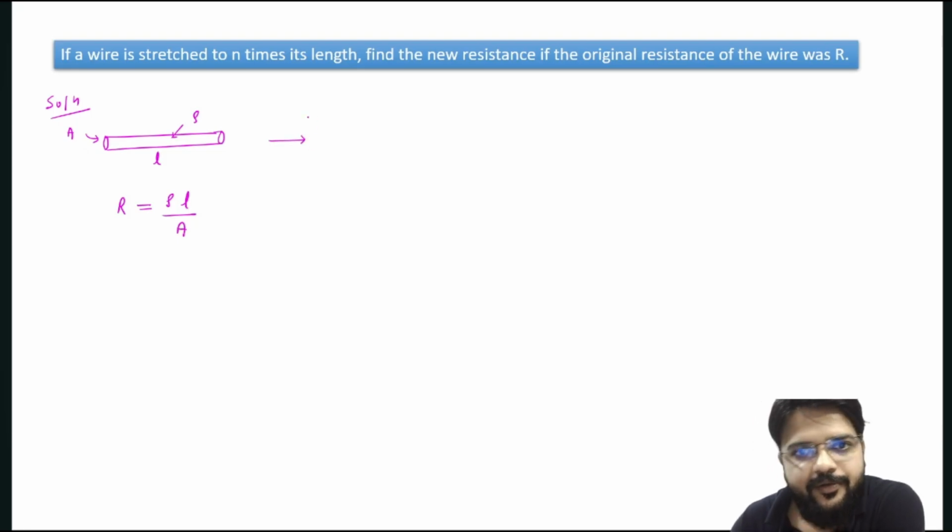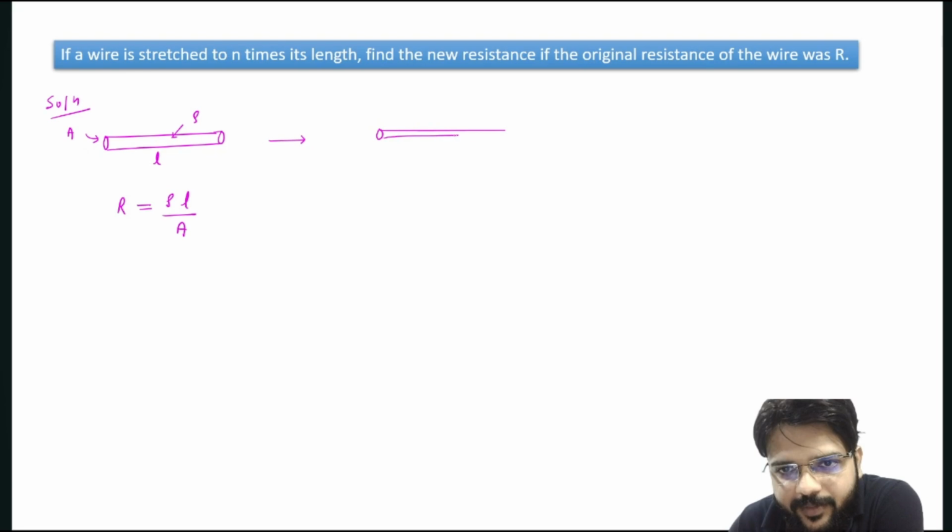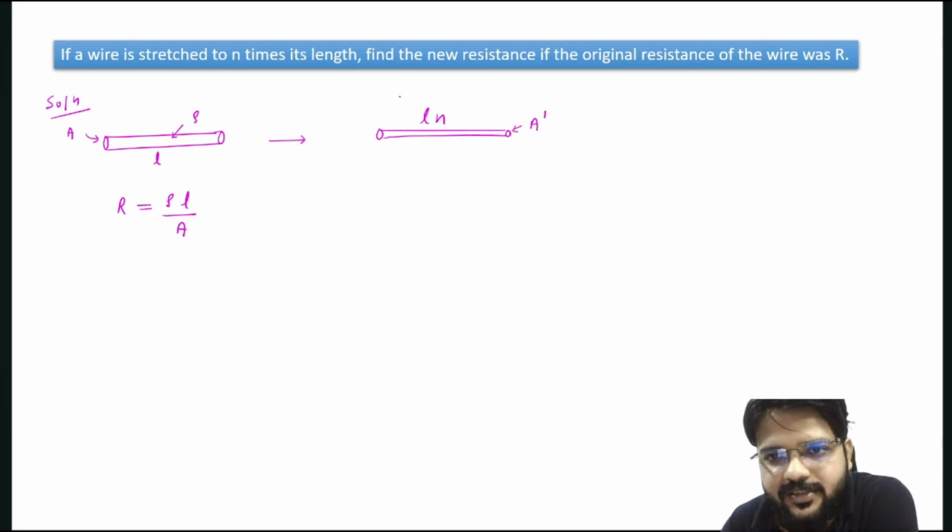Now what are we doing? We are applying some force and we are stretching this wire. Now stretching we are doing n times its length, correct? So the new length of this wire will be Ln. What about the area? Area we don't know, so I am writing here A dash. So we want, after stretching n times, the new resistance.